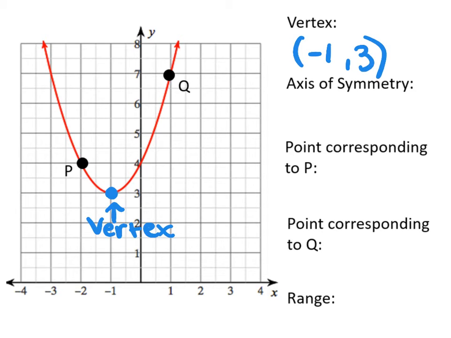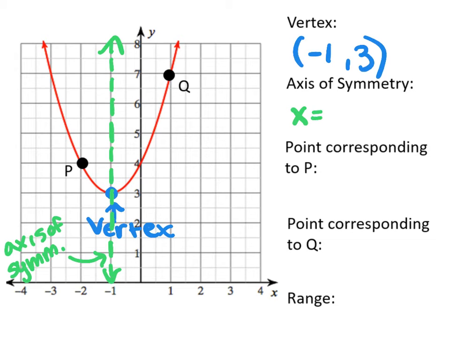The axis of symmetry is the vertical line that goes through the vertex. So we want to draw in our axis of symmetry. Now the axis of symmetry is always going to be of the form x equals some number. So in this case, x equals -1.